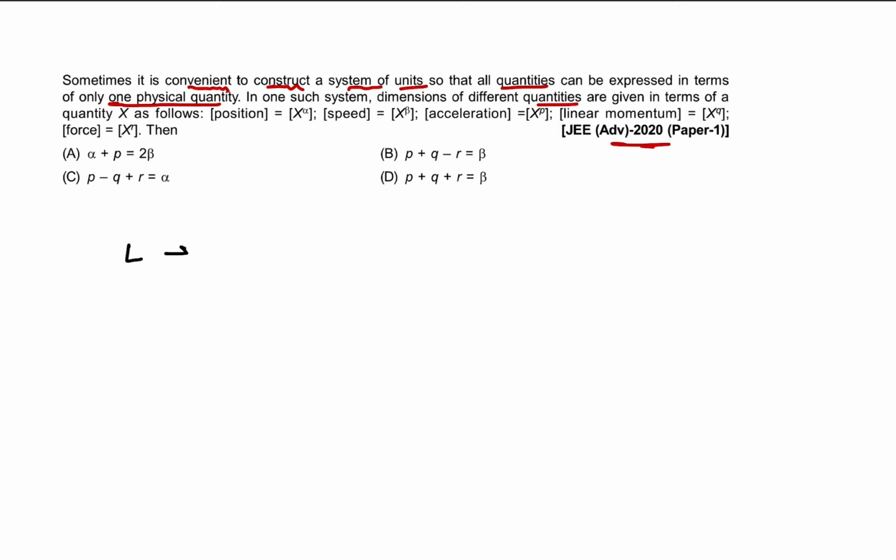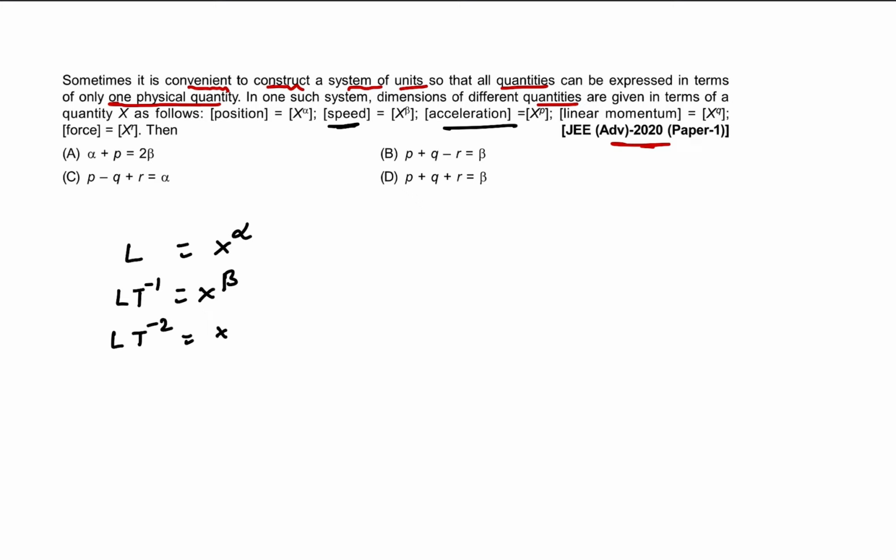They have given like this. I am writing here. Position, the L dimension, they are representing with x power alpha. I am not writing square brackets. Speed, L t power minus 1, is x power beta.